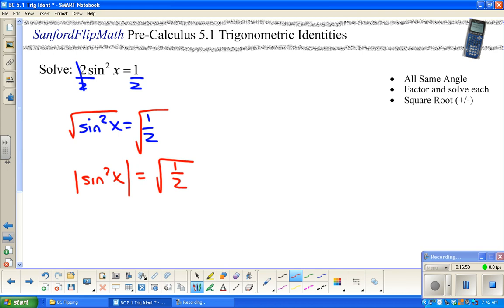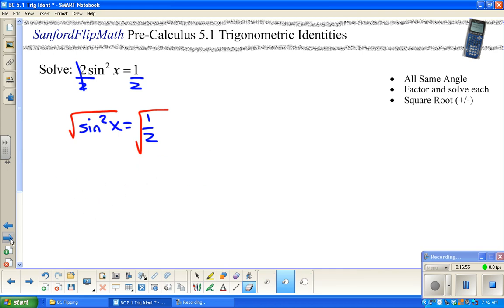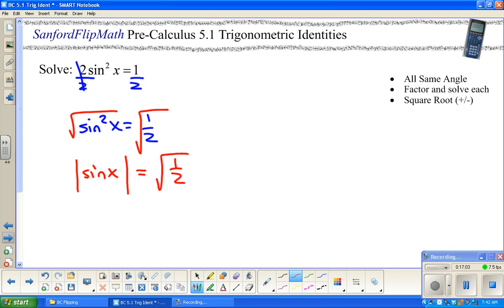I'm sorry, absolute value is just sine. All right, one more time. The absolute value is on sine, because it had a variable involved, not sine of the absolute value. And we never leave it like that. So this is going to equal positive or negative the square root of 1/2.